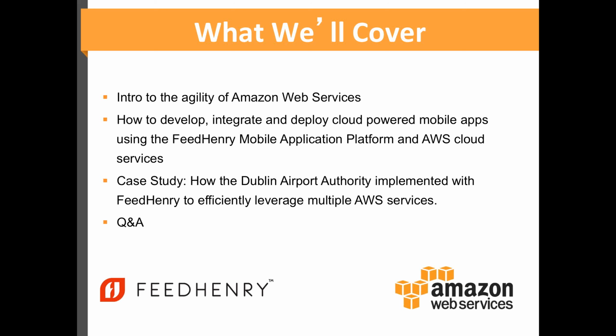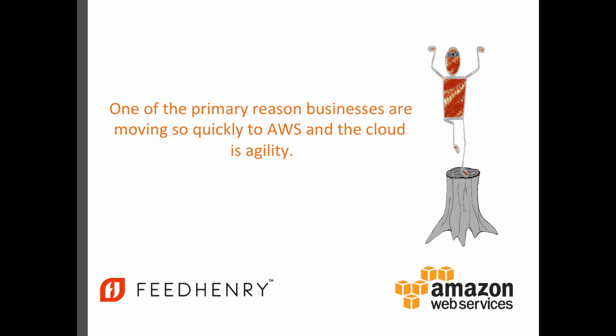Number two, we're going to talk about how to develop, integrate, and deploy cloud-powered mobile applications using the FeedHenry mobile application platform with a combination of the AWS services. And thirdly, we're going to take a look at a case study on how the Dublin Airport Authority implemented with FeedHenry to efficiently leverage multiple AWS services. And then we're going to save some time at the end for Q&A. So again, if you have questions throughout the presentation, please feel free to enter those in, and we'll do our best to get those answered for you.